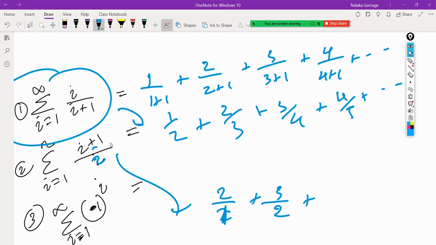Then I is 3: 3 plus 1 is 4, divided by 3. Now you know the pattern: 5 divided by 4, etc. And here you have to stop at n because it is not an infinite sequence. So finally you have n plus 1 divided by n after some terms. So what is the final one?